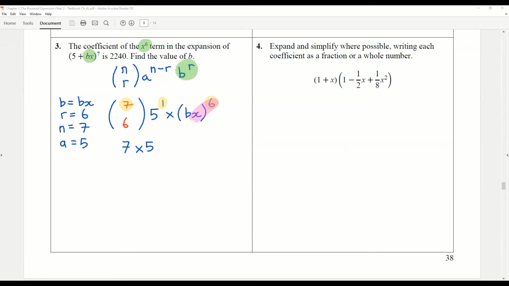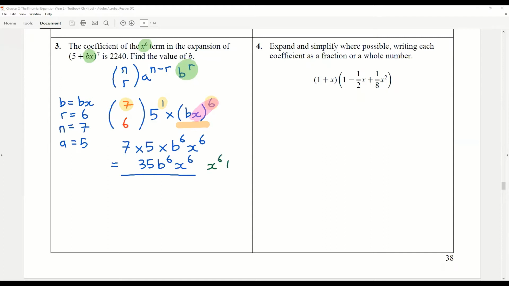The bracket bx is being raised to the power 6. It's the whole thing, all of that. So I'm going to have b to the power 6. And again, this would be a common mistake. Okay, so it's b to the power 6. And that would be my coefficient. And then that's x to the power 6 for the whole term. So in other words, it's going to equal 35 b to the power 6, x to the power 6 for the x to the power 6 term.